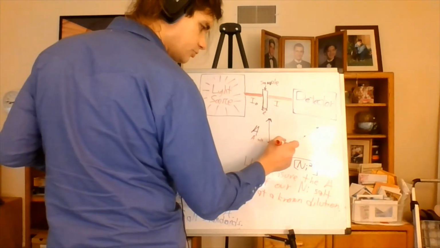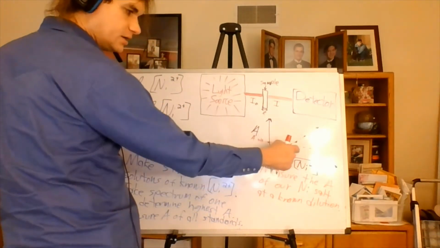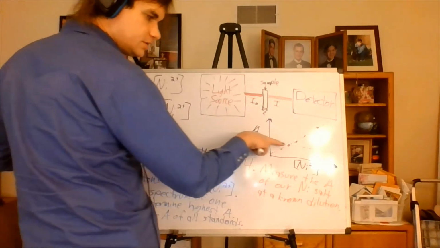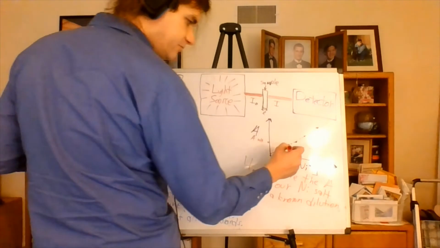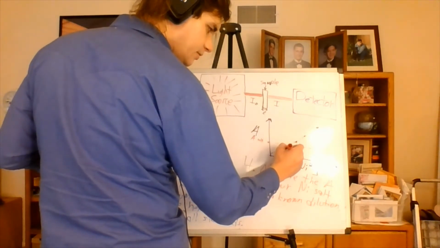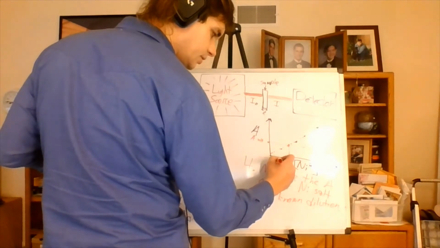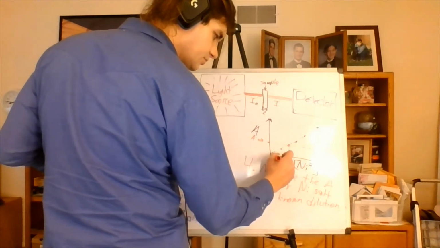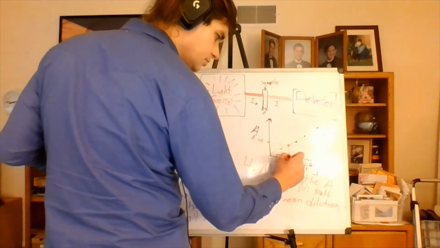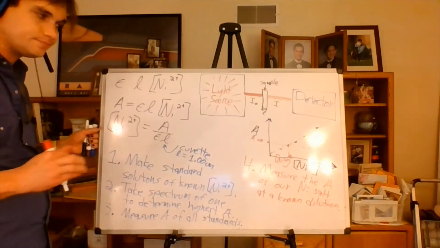We start with our absorbance here, and then we go all the way across. We say, okay, this is where those two lines intersect, where our salt absorbance and our calibration curve intersect. So therefore, the vertical axis, this right here, that is our nickel concentration in our salt.